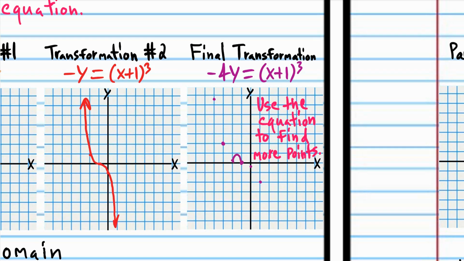So we moved 3 units from that reference point. So I'm going to move 3 to the right, and then go down 6.75. Oops. So that helps us graph.